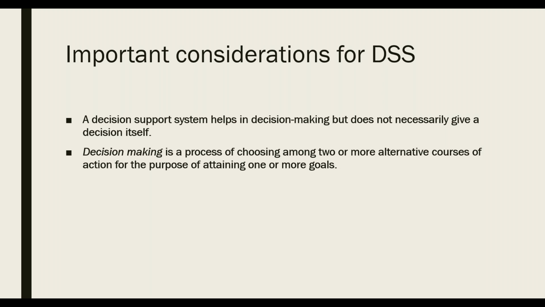Decision making is a process of choosing amongst two or more alternative courses of action for the purpose of attaining one or more goals. Simple. That's a nutshell explanation of a decision making process. So you've got alternatives, and two or more, of course.